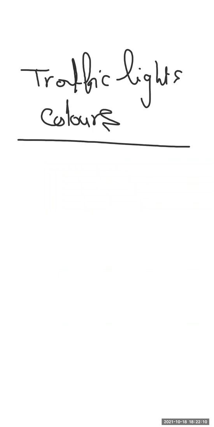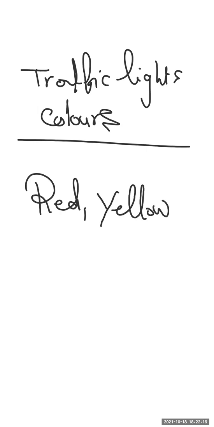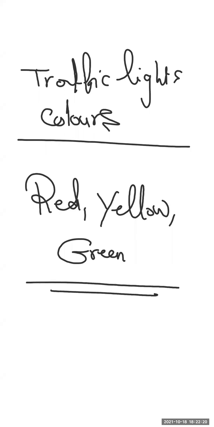Okay, so the elements here are red, yellow, green. So 3 elements only: red, yellow, green. Okay, so what about the elements of the set of the seasons of the year?